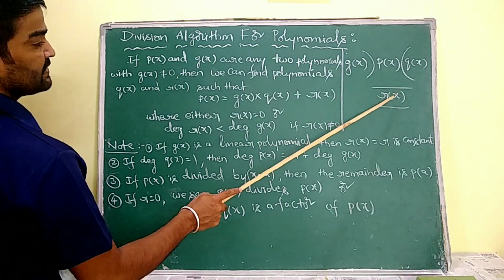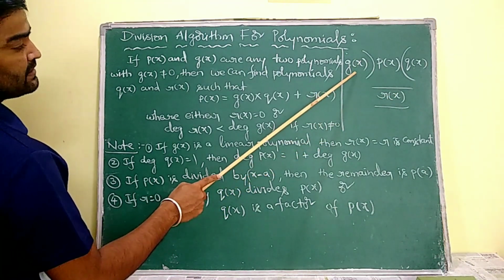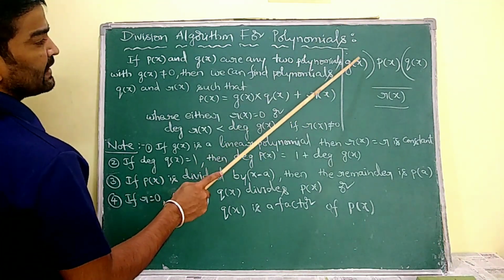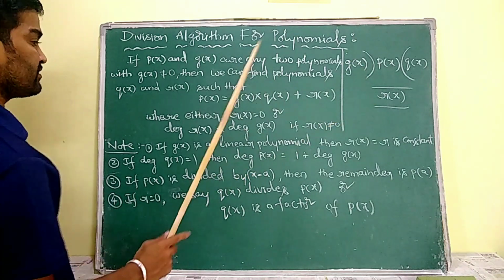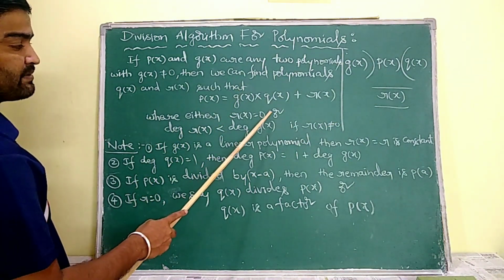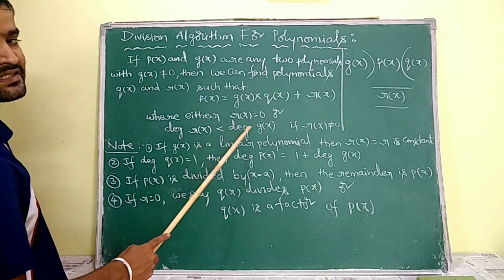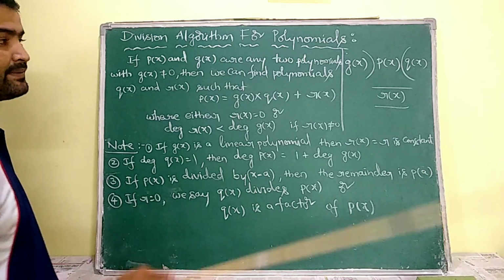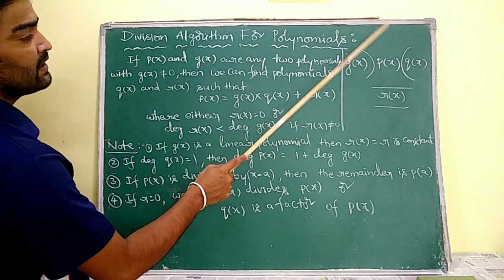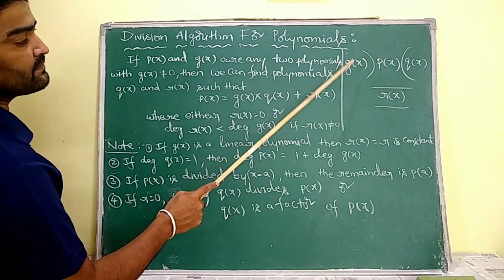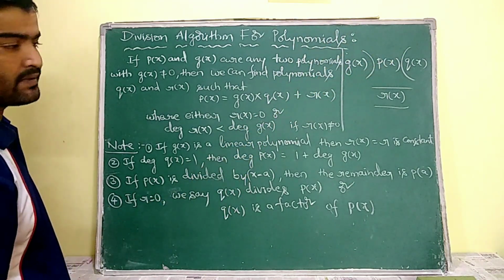Always the degree of r of x is less than that of g of x, and sometimes it may be 0 also. That is why we write the degree of r of x may be 0 or the degree of r of x is less than the degree of g of x. And one more point you have to remember, the degree of the dividend p of x is equal to the sum of the degrees of divisor and quotient.